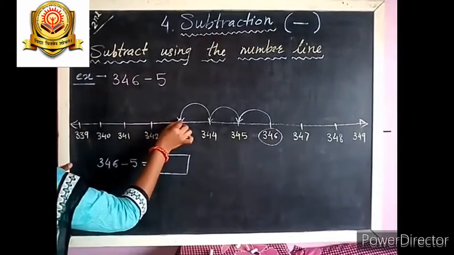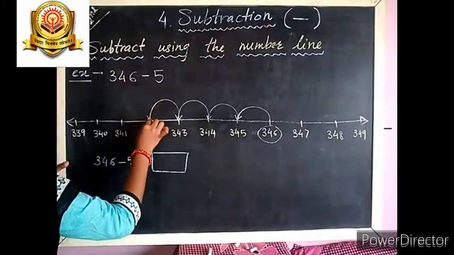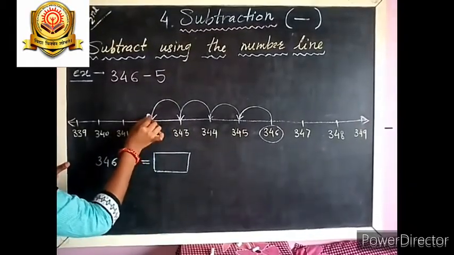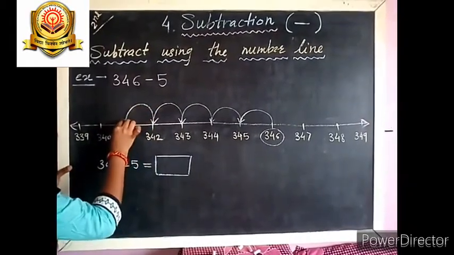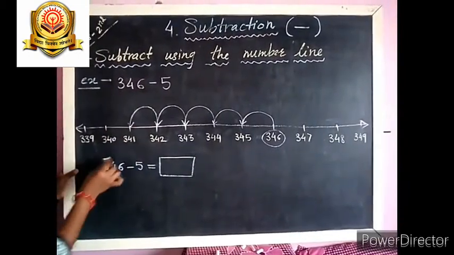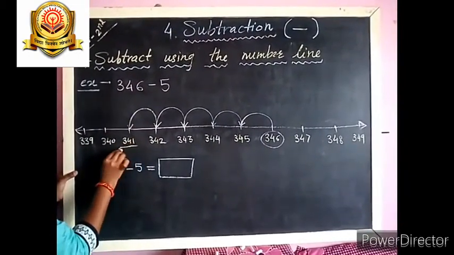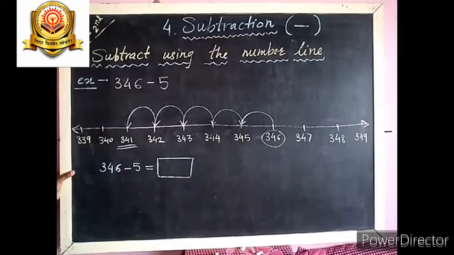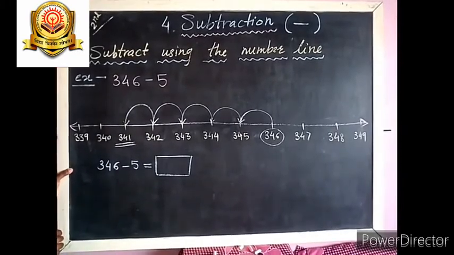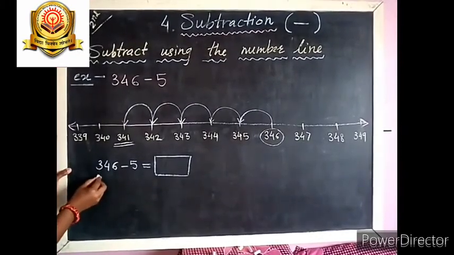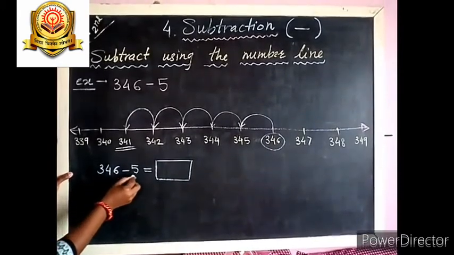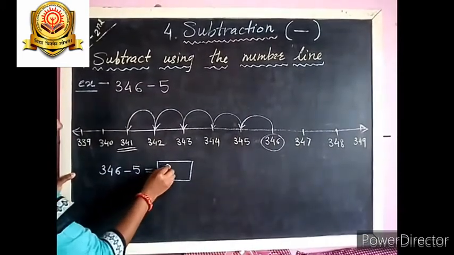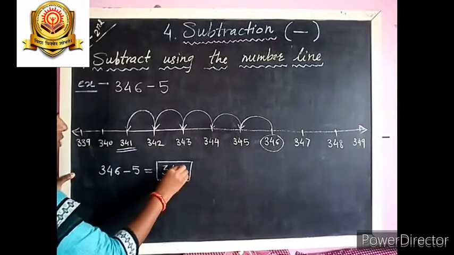Before 343, 342 and 341. Now we come to 341. So our answer is 341. 346 minus 5 is equal to 341.